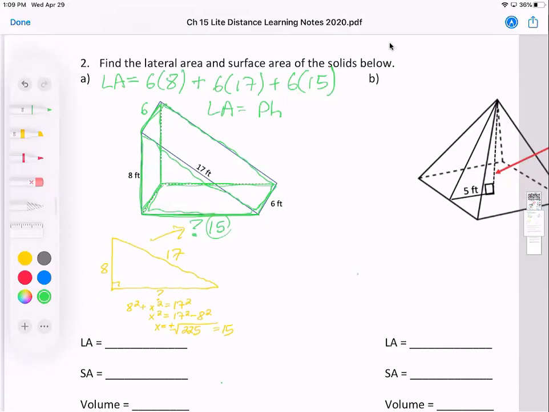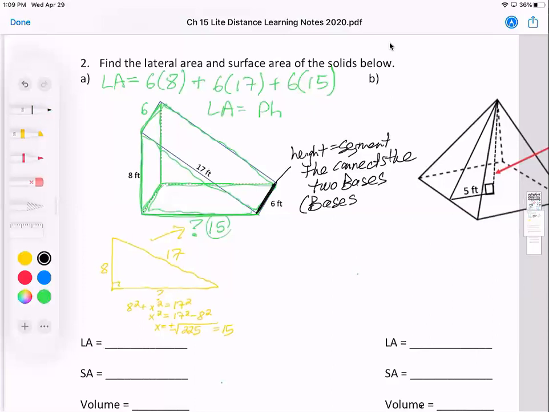The height of this prism, you might think it's 8, but the height is actually the segment that connects the two bases. In this case, the bases are the triangles.